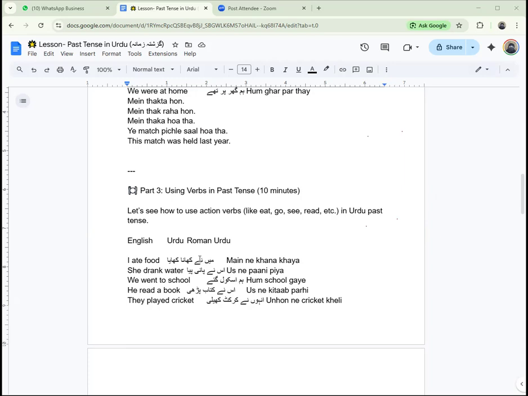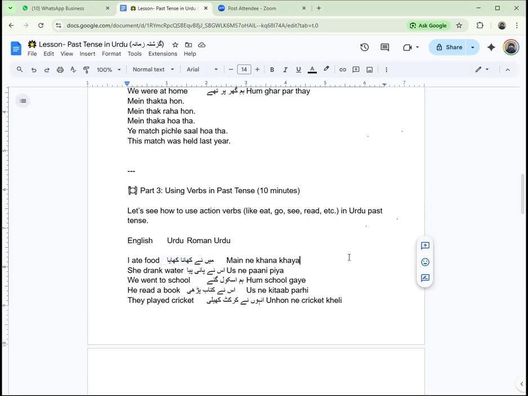We don't need tha, thi, the. We have an example here. I ate food. मैंने खाना खाया. This sentence doesn't end on tha. This sentence ends on ya. This is the exceptional case here.